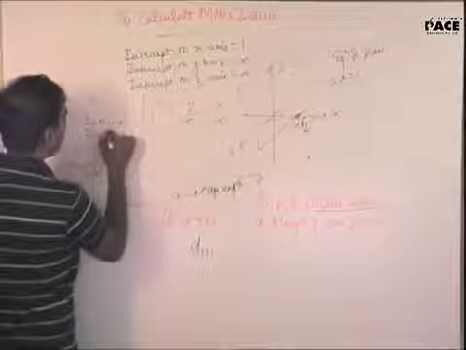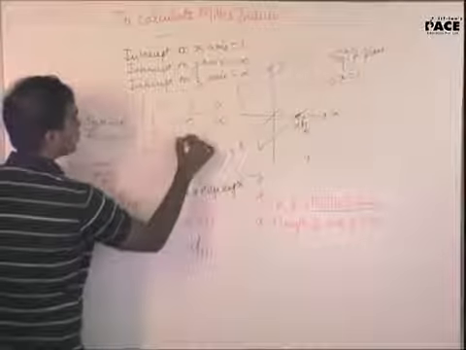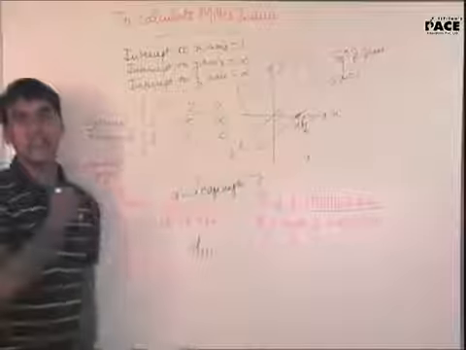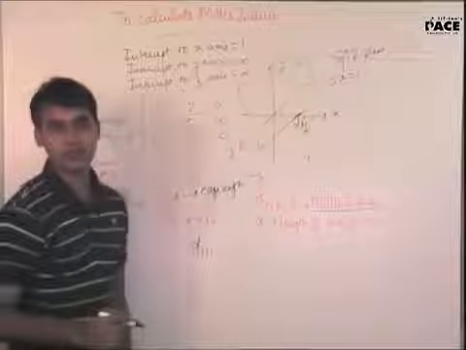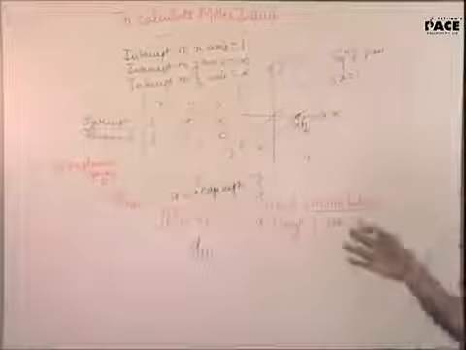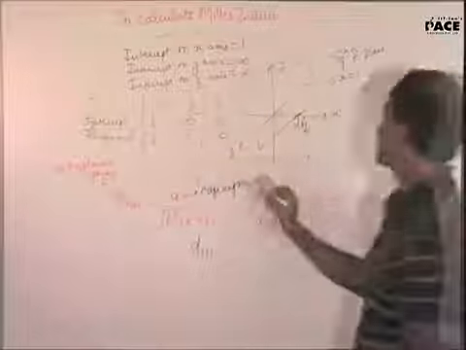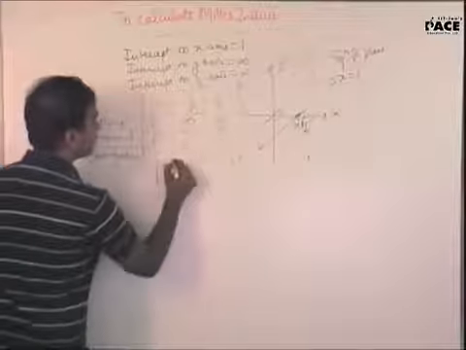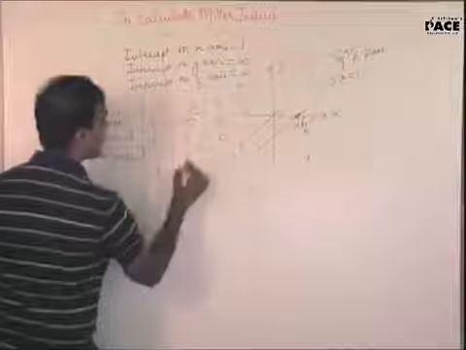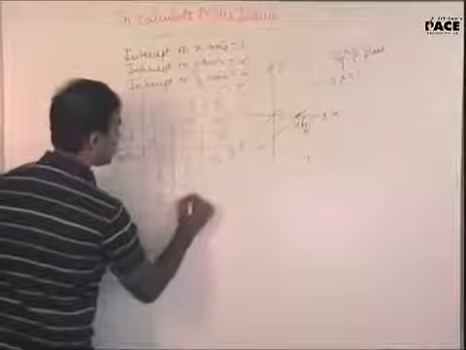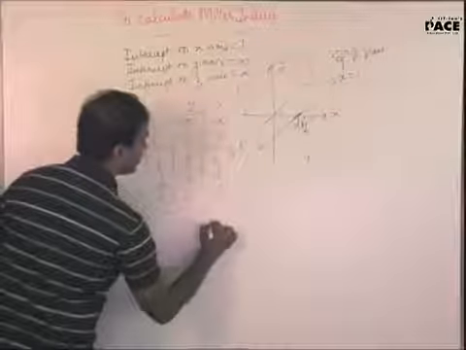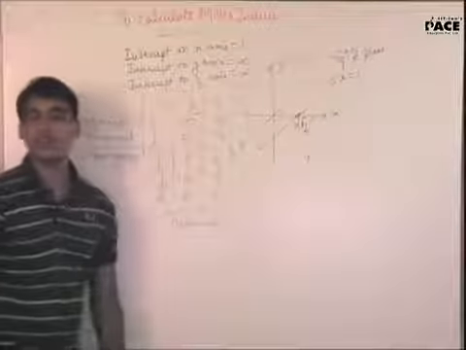So the reciprocals will be 1, 0, 0. And third, take clear fractions. What are clear fractions? Simplest ratios. So in this case, the simplest ratios will be 1, 0, 0. So this will be h, this will be k, and this will be l, which are known as Miller indices. Are we clear now?